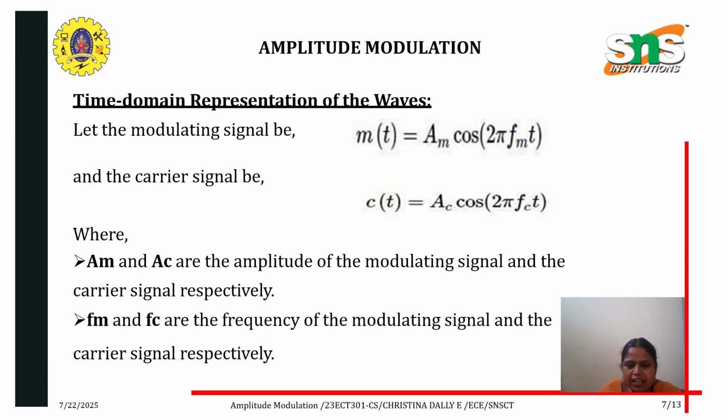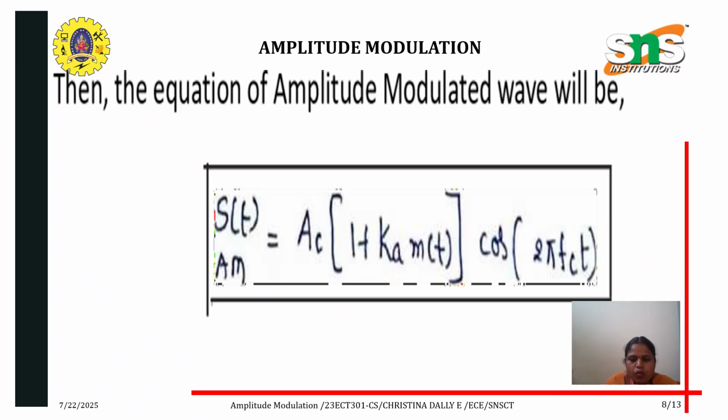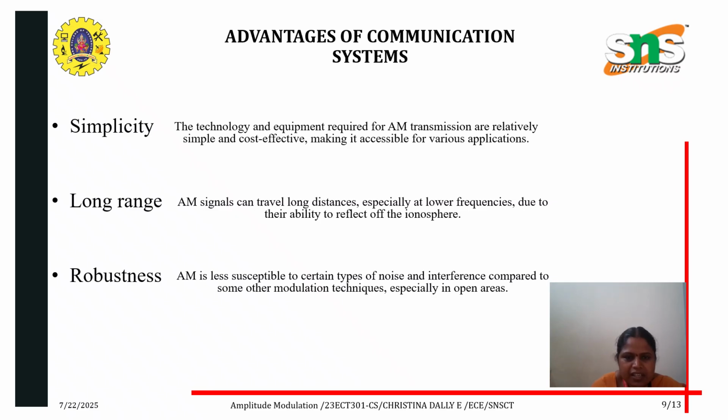FM and FC are the frequency of the modulating signal and the carrier signal. While solving all those equations, we get the amplitude modulated wave s of t equal to AC into 1 plus Ka into m of t, cos 2 pi fct. Here Ka is a constant, and it depends upon the modulation index we discussed earlier.